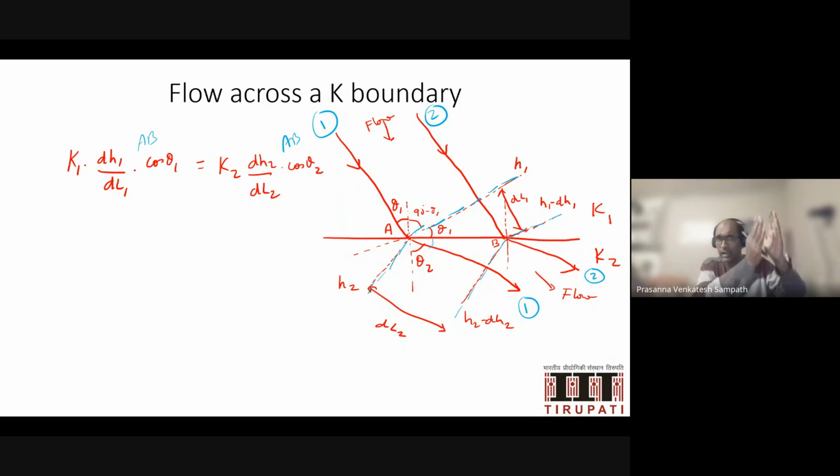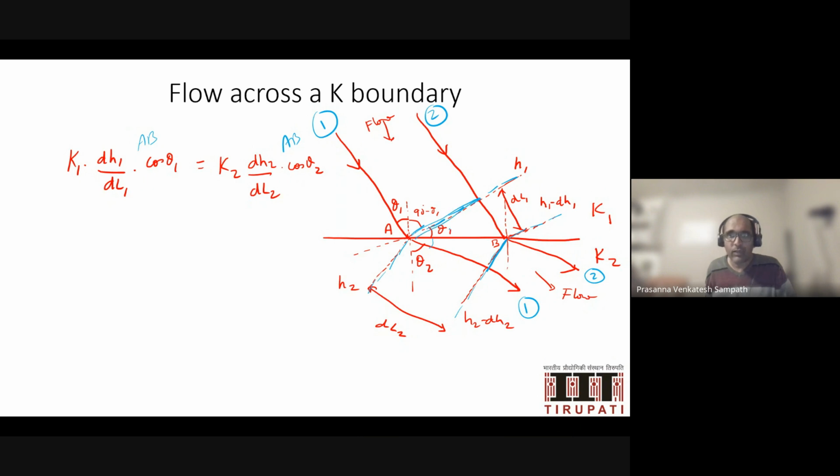It's K I A. The area is AB times cos theta 1 for the first part, multiplied by some unit thickness, and for the second one it would be K times I, which is K2 times dH2 by dL2 times AB into cos theta 2, which would be this distance. This distance is AB into cos theta 2. Okay, this AB into cos theta 1 is this distance.